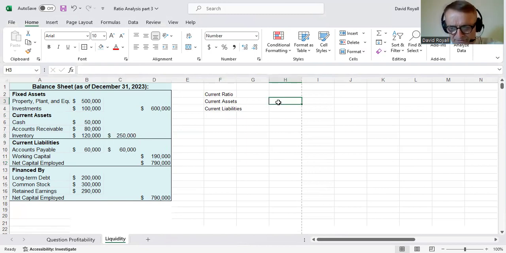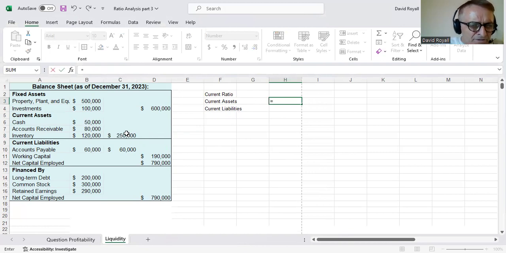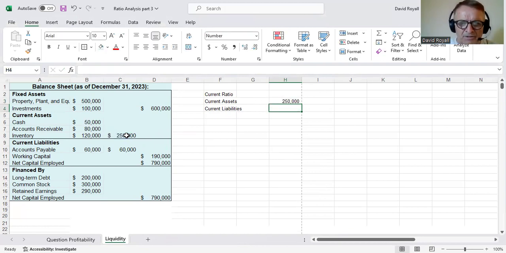How neat, how lovely. So there we go: cash, accounts receivable, inventory. Typical category of them. Okay, now let me just format that into dollars. I don't think there's any need to have them to the nearest cent.